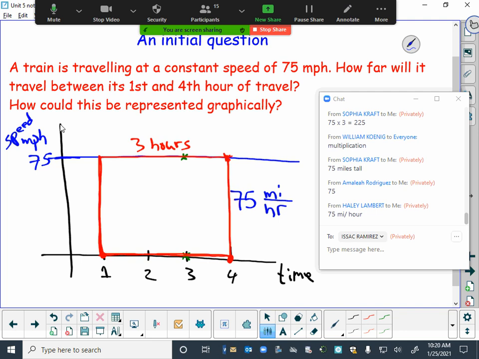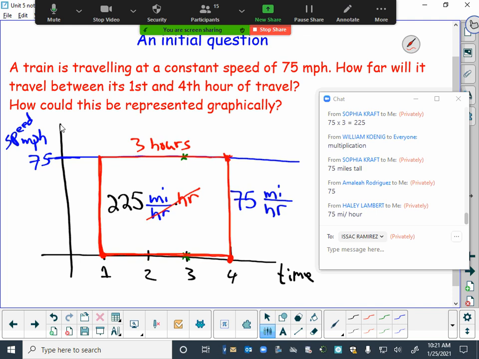But the 225, we know from the multiplication, that should be the area of this rectangle, right? So the 75 times 3, that's definitely 225. And when we do the units of miles per hour multiplied by units of hours, well, I got hours in the numerator, hours in the denominator.